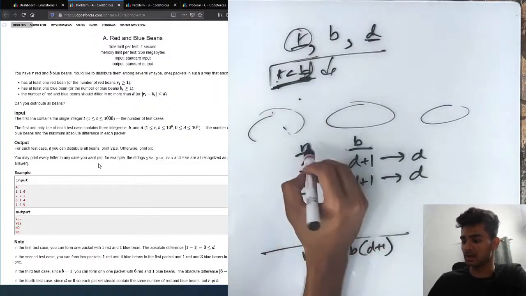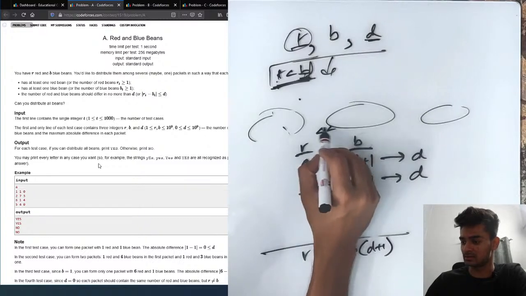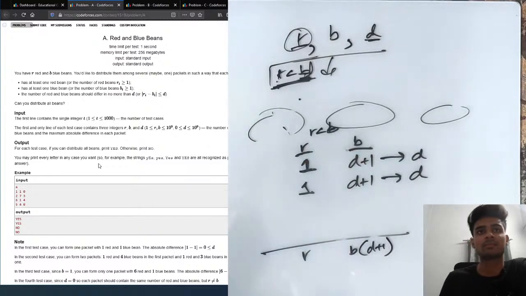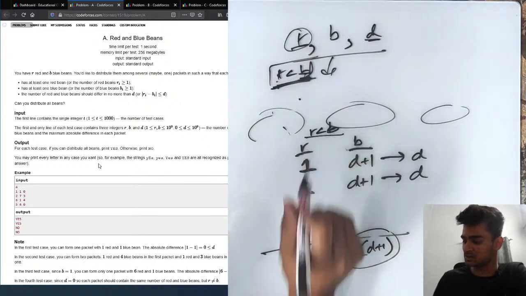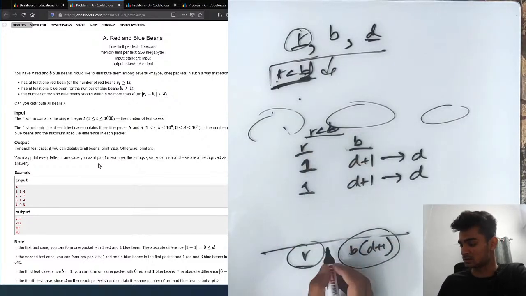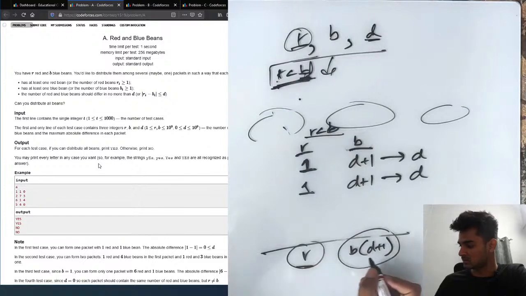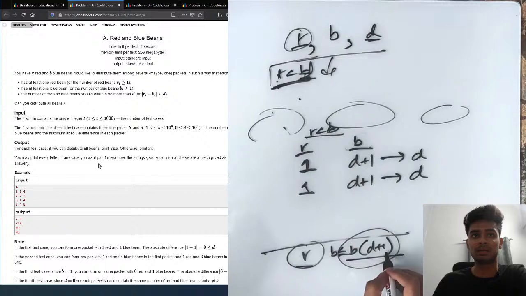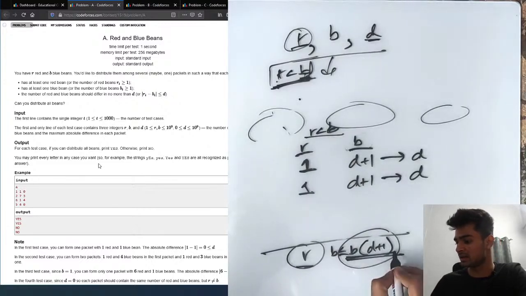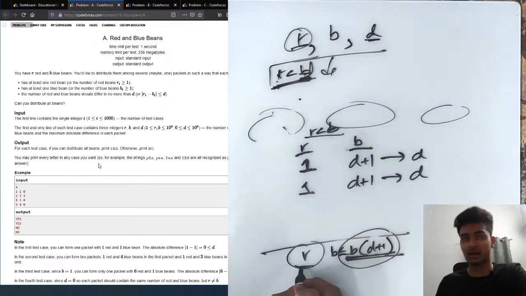Here we are considering that R is less than B. That is all you have to check: the maximum number of balls we can adjust when we have R number of balls.